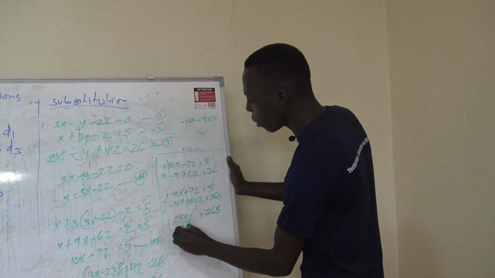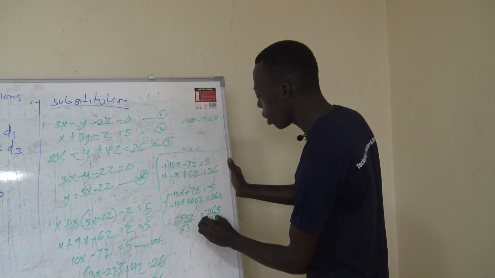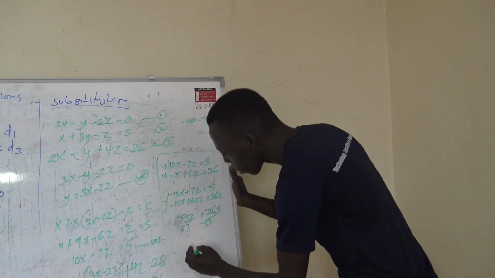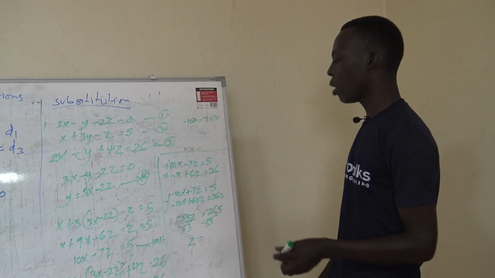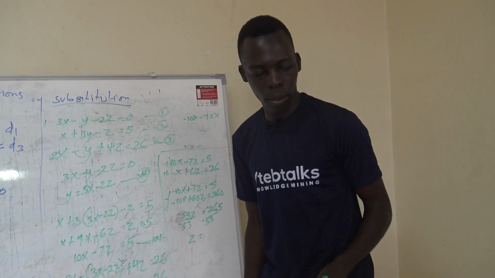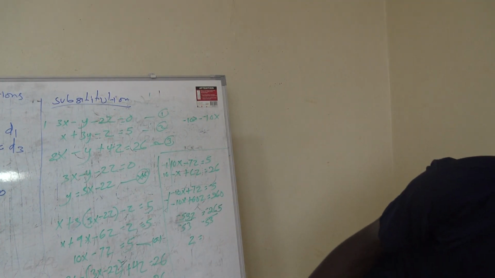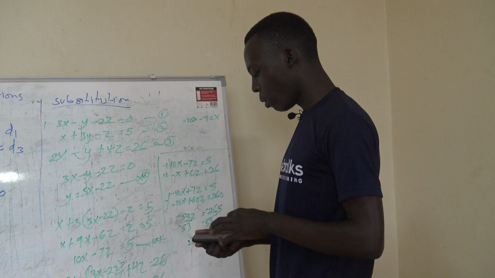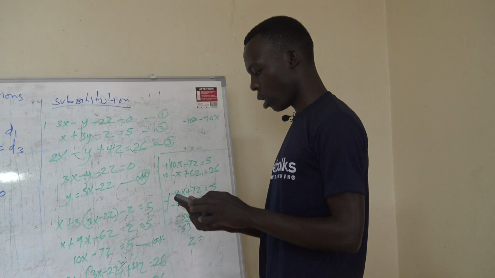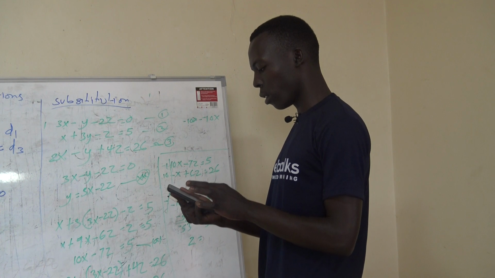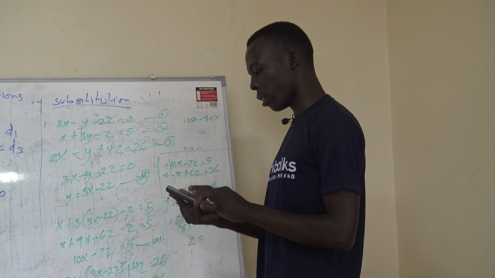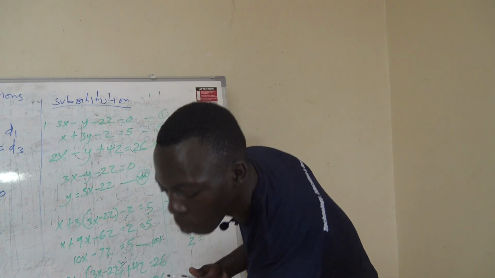Then divide both sides by -53. So the answer which you get as z: if you divide 265 by 53, the answer will be 5.